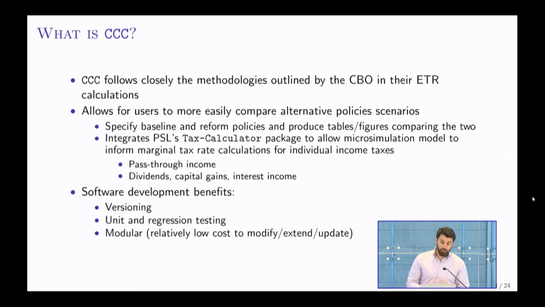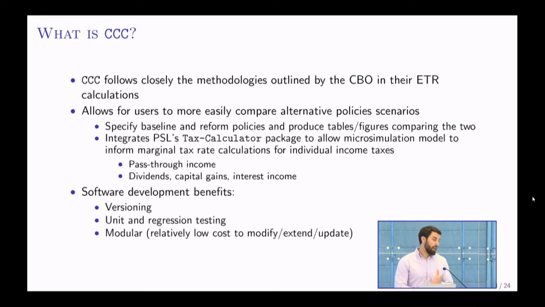So basically, the cost of capital calculator is going to follow the CBO methodologies to compute effective tax rates. But by doing this with source code rather than an Excel workbook, I think there's a couple advantages. One is that it allows users to more easily compare alternative policy scenarios. In addition, it allows the model to interface more easily with other models.